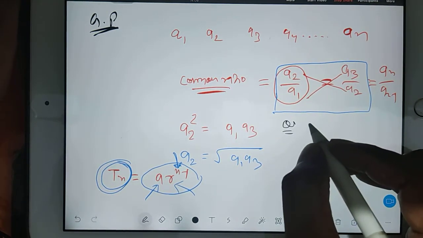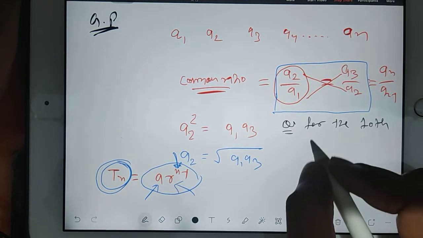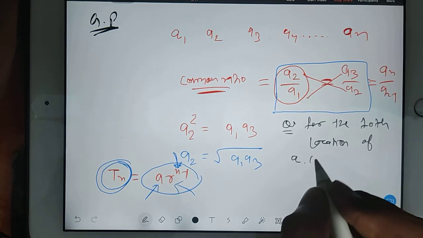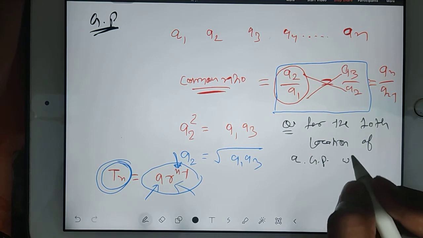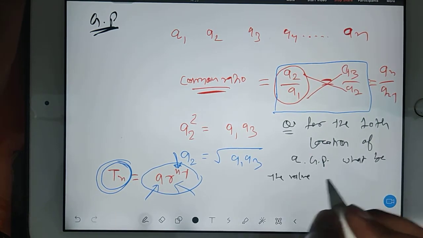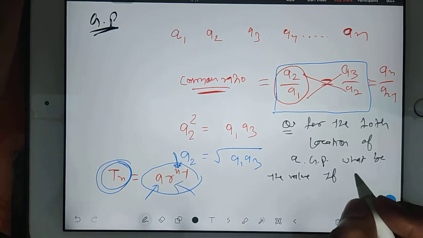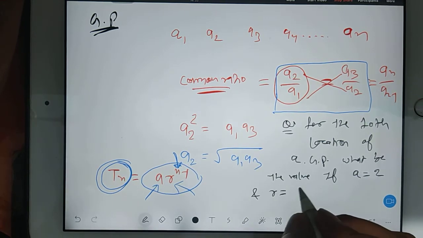For the 10th location of a geometrical progression, what will be the value if a is equal to 2 and r is equal to 5?